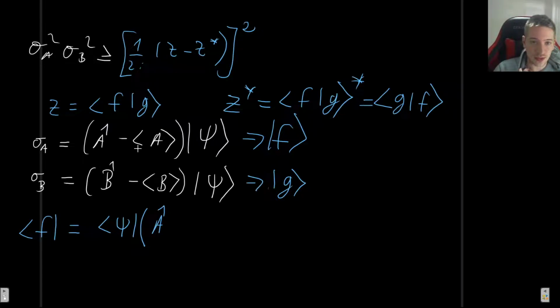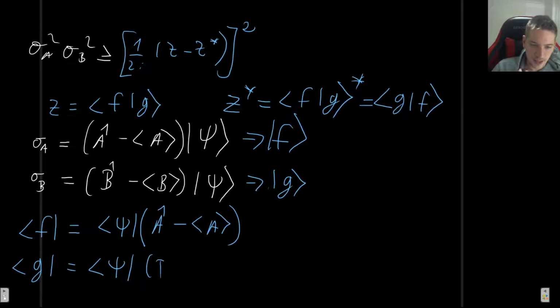We also showed that in a previous video. So we are going to get A minus this quantity. And similarly, in the case for G, we're going to get the bra of psi and then the same operator B because it is Hermitian, minus the same real number.